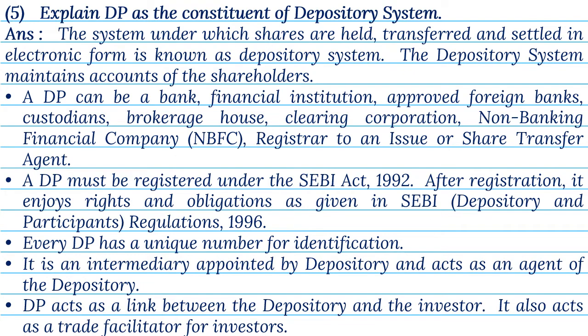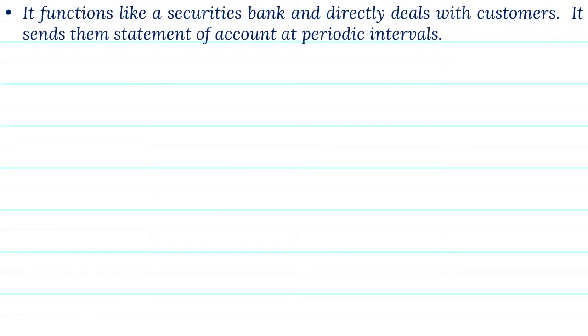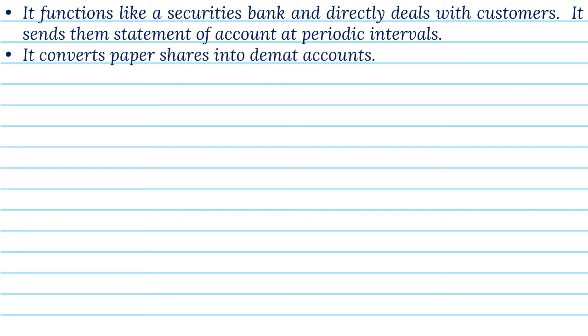DP acts as a link between the depository and the investor. It also acts as a trade facilitator for investors. It functions like a securities bank and directly deals with customers. It sends them statement of account at periodic intervals. It converts paper shares into demat accounts.